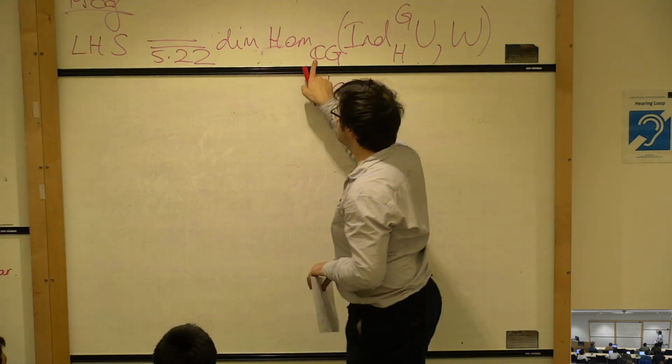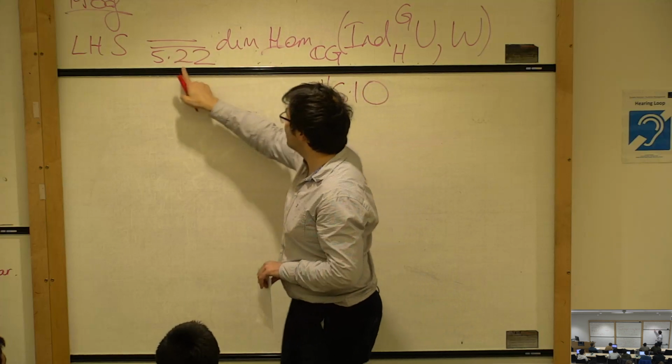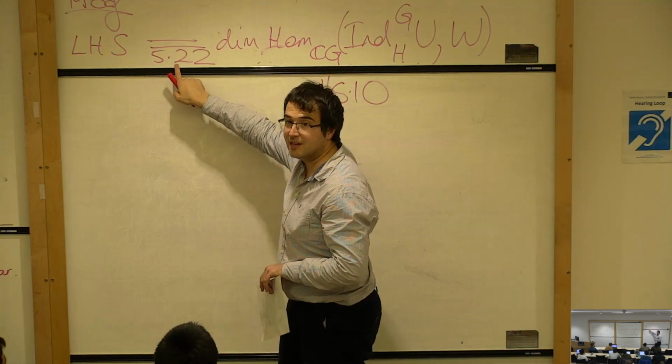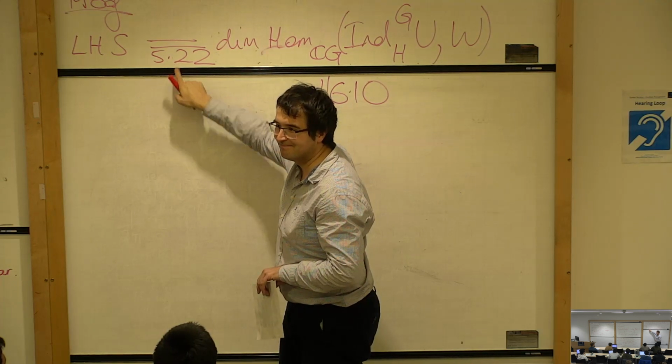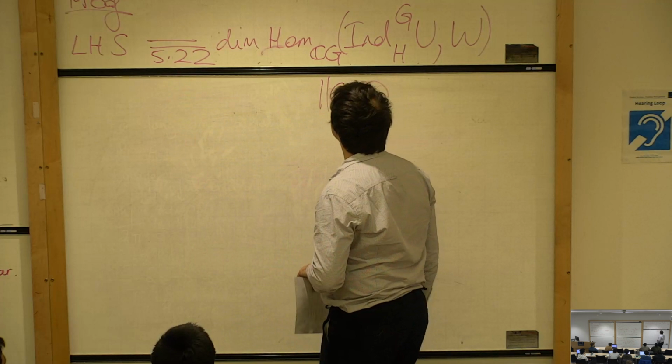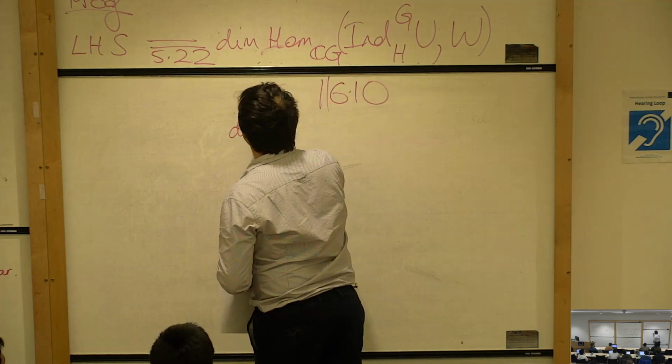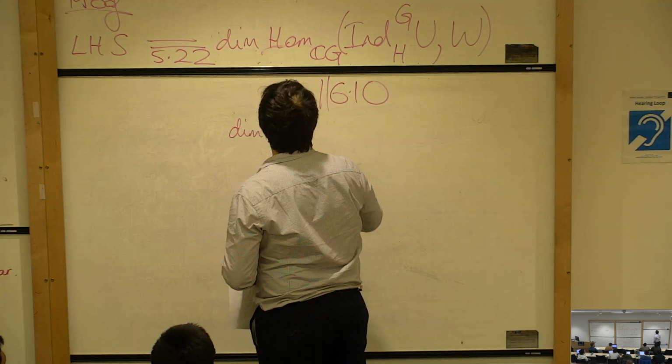Suddenly K became C because otherwise I can't apply 5.2.2. That required some C in the coefficients, right? And so the proof is complete.